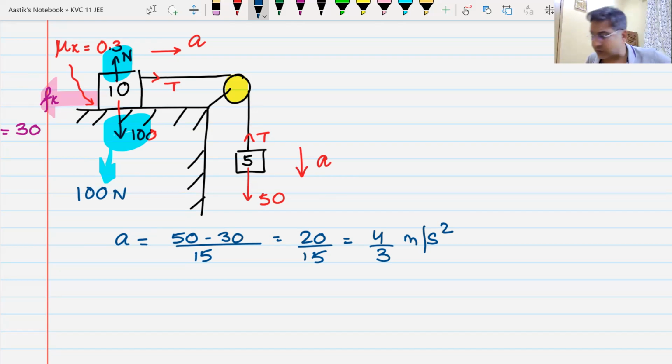Everyone understands this? Any question that comes on friction is a simple question where you don't have to do anything extra. Just see where the system is moving. Just apply frictional force in the opposite direction and we are done.